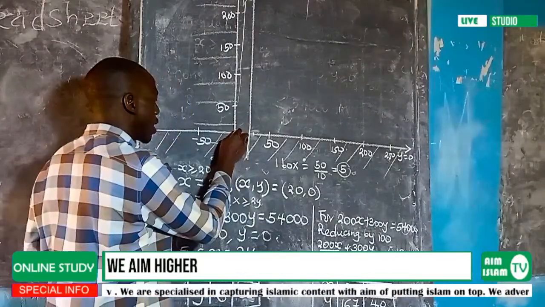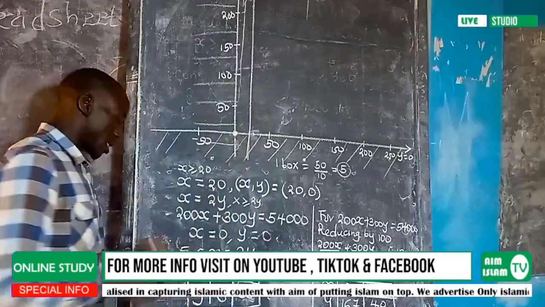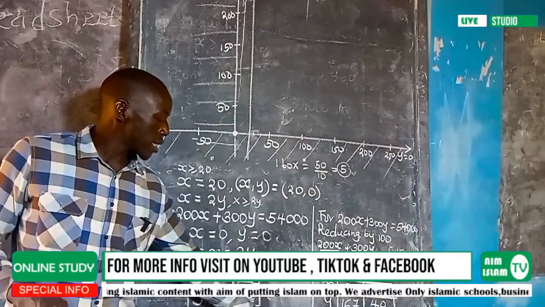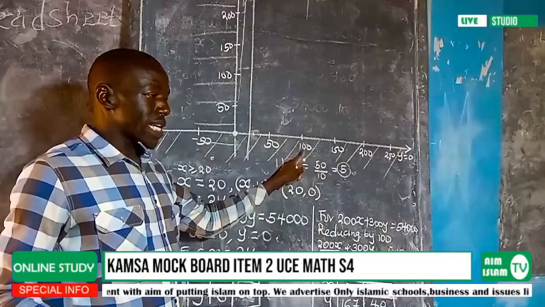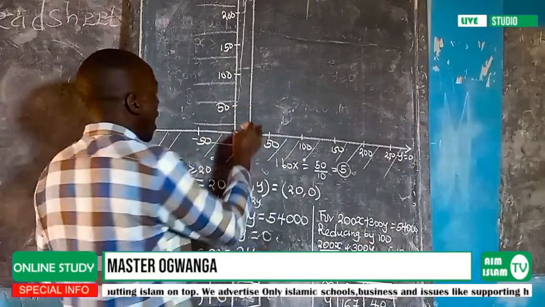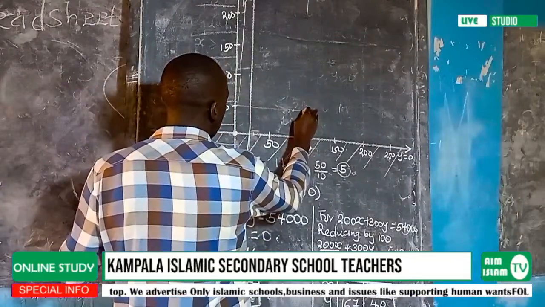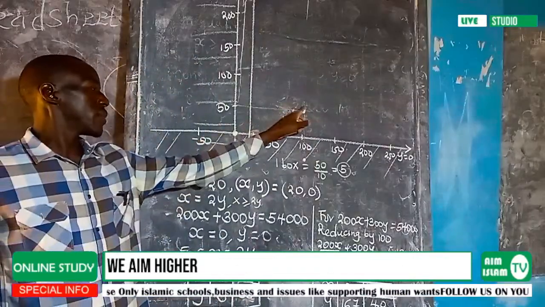You know 0, 0 is always the origin of all the axes. Then we look at 100 for x and 50 for y, 100 for x on the x-axis and 50 for y on the y-axis. If you look at this, you realize that this is the point we are going to call 150 for y.